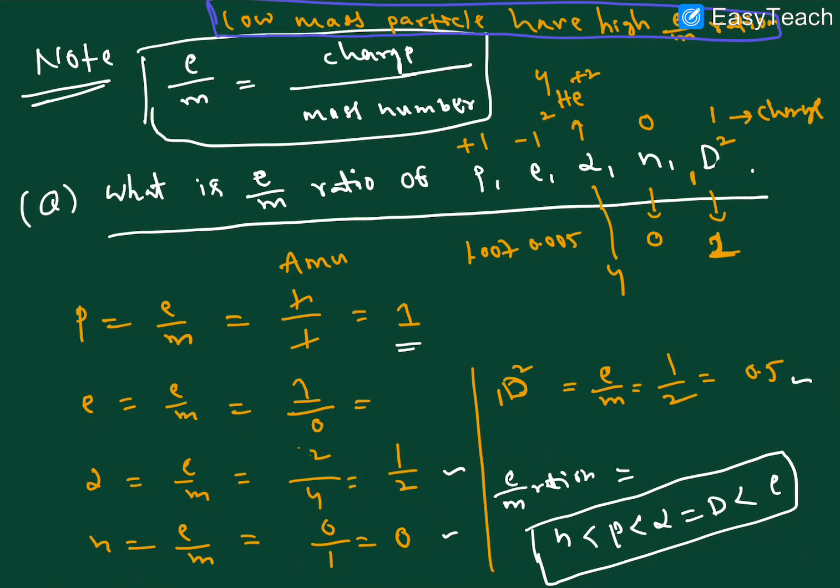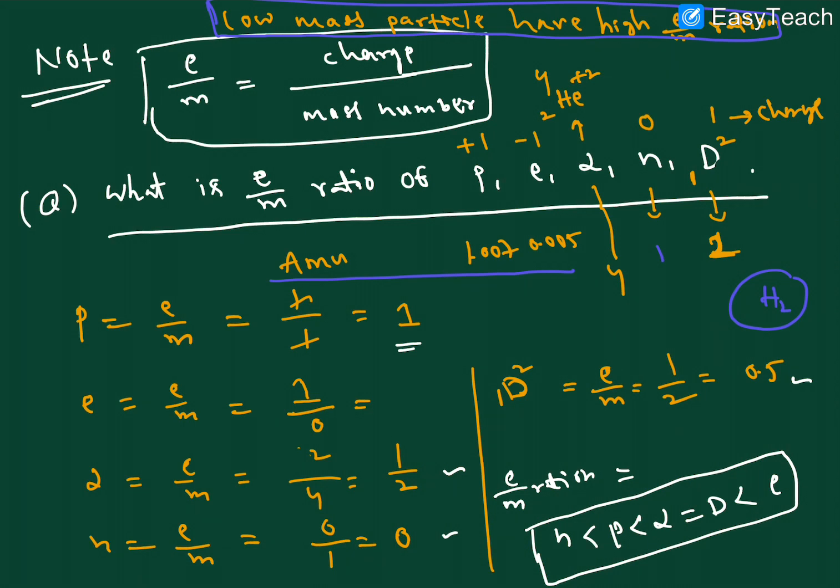We are taking proton +1, electron -1, alpha nothing but helium +2, the isotope with 2 and 4, and neutron 0 with mass 1. The electron is 0.005; we are taking these values in AMU. Hydrogen does not have a specific charge because of the absence of protons; the charge is not there.